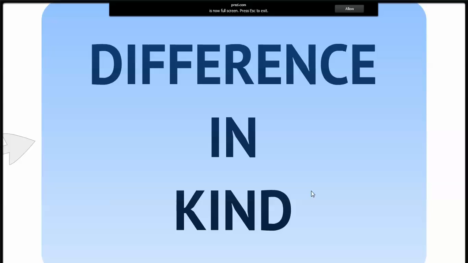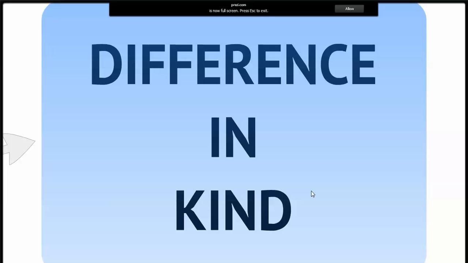The other one is red and is essentially an apple. Let's say they're identical in shape and weight, the differences here would be differences in kind. Okay.